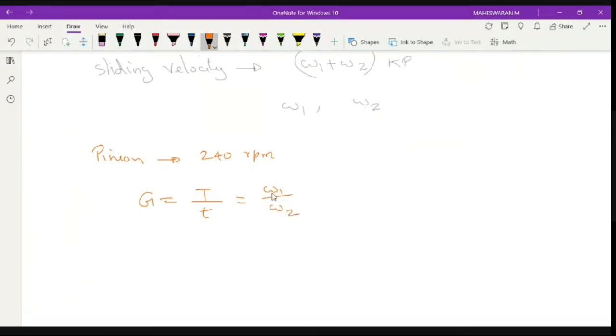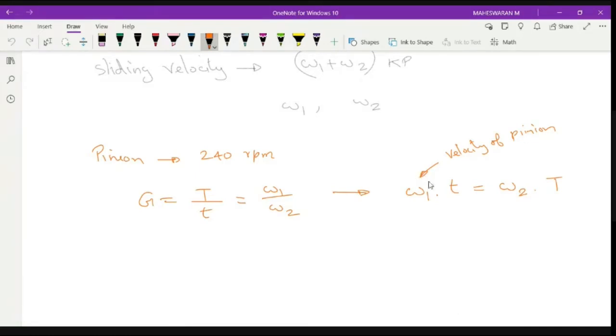This formula can be written as omega 1 into small t equals omega 2 into capital T. That is, velocity of pinion into teeth of pinion equals velocity of gear into teeth of gear. That is the rule, and that is why we use the gear ratio.